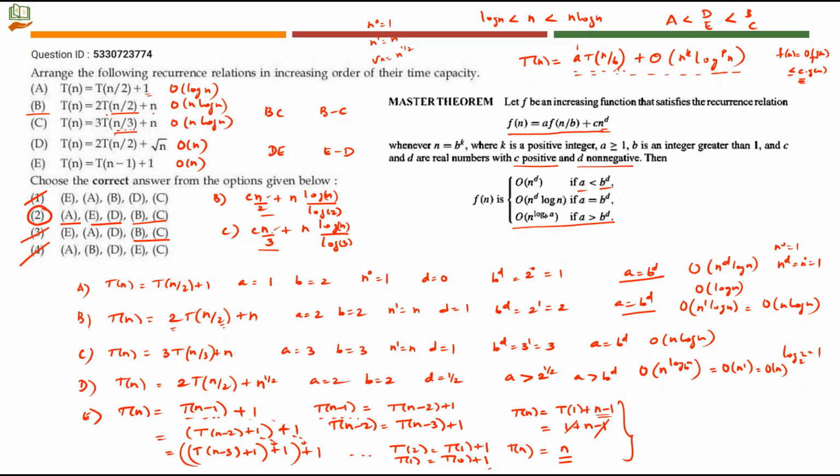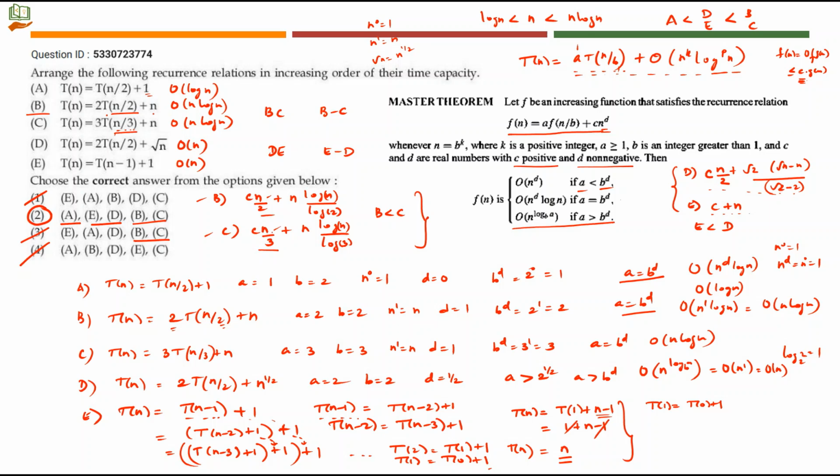When you divide a problem into 2 and you divide a problem into 3, based on this part, we are concluding that B is less than C. Similarly, when you take D, c into n by 2 plus root 2 into root 2 minus n divided by root 2 minus 2, and for E, c plus n. So from this we can say c plus n is less than, that is E is less than D. So how they have interpreted E is, when you want to take T of 1, it is T of 0 plus 1.